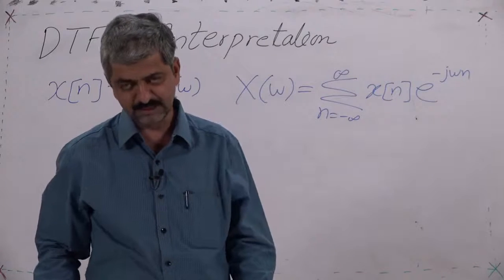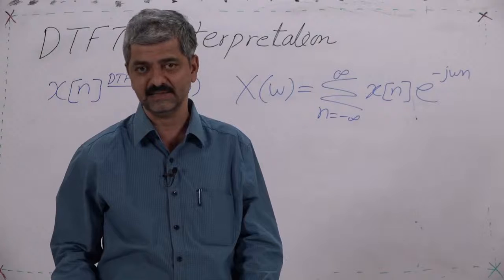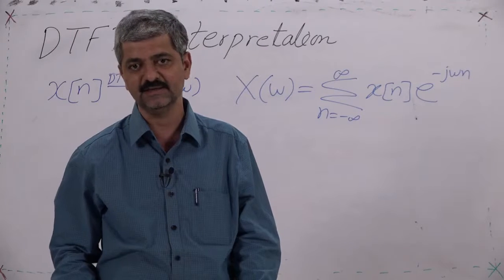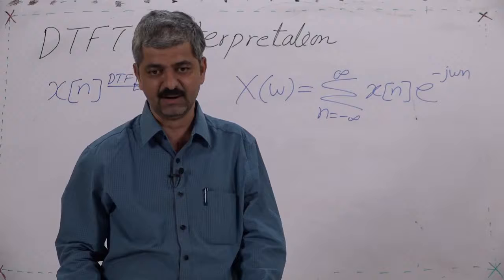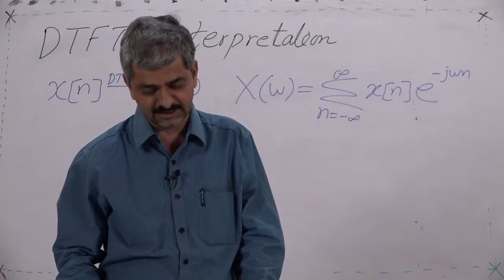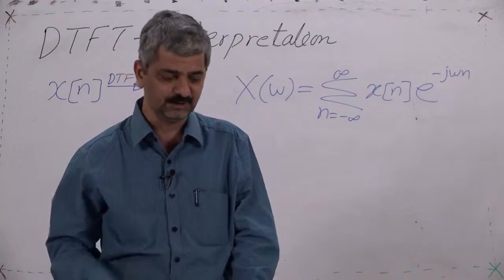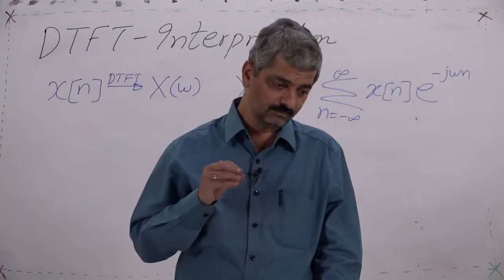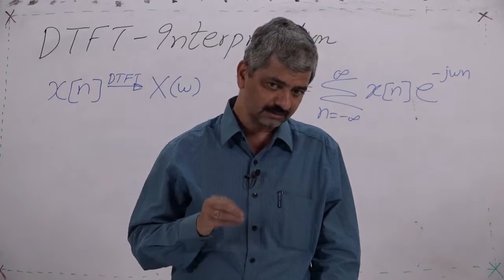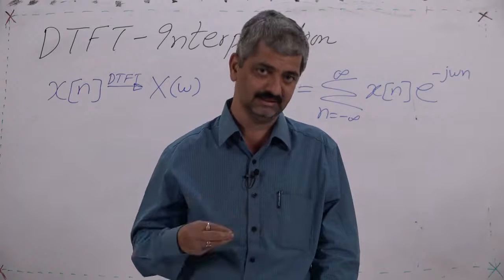So what are we doing? We are multiplying x[n] by e raised to minus j omega n. For a given omega, listen very carefully now, there will be some X(omega). What will that be?